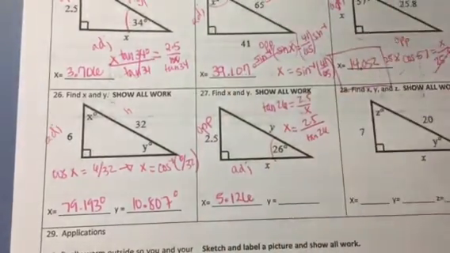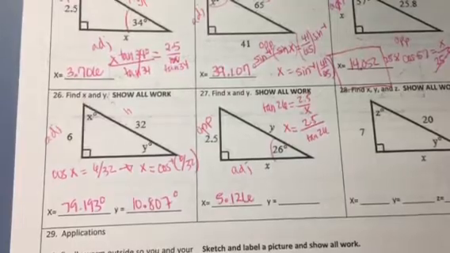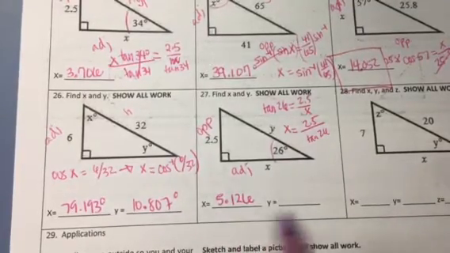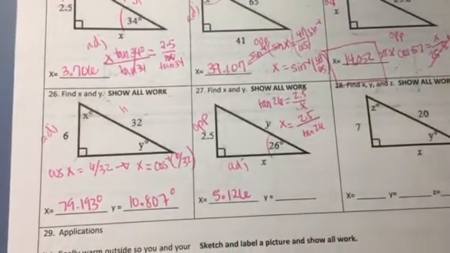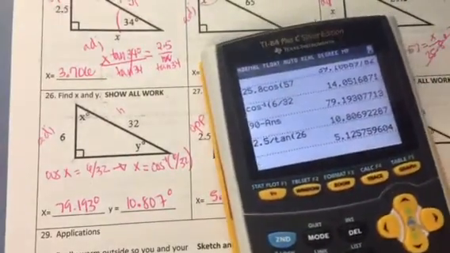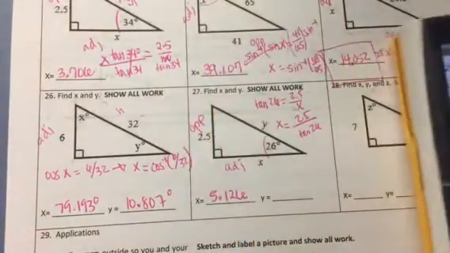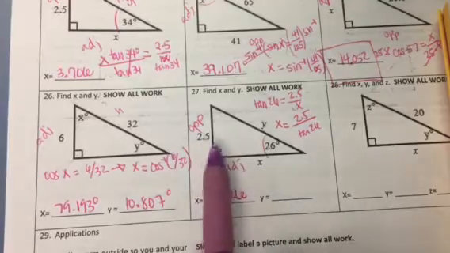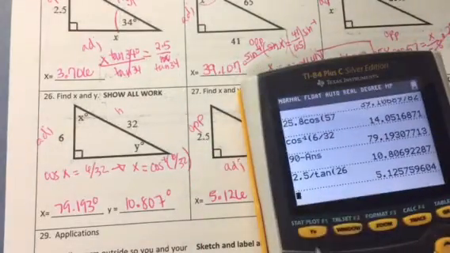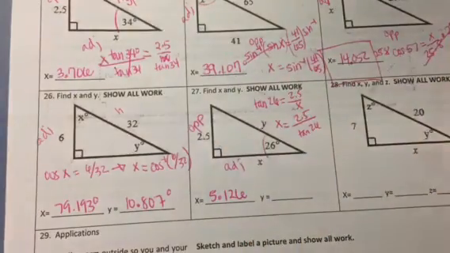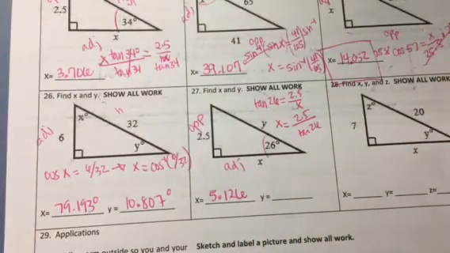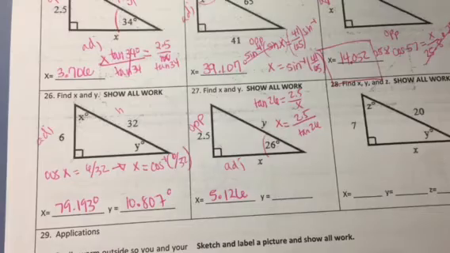Okay, so you could use the Pythagorean theorem to find y. The reason I wouldn't do that is you're now dealing with a rounded answer, whereas in the calculator, it's not rounded. So if you're going to use the Pythagorean theorem, I would seriously do 2.5 squared plus, in parentheses, 2.5 divided by the tangent of 26 squared, take the square root. That's a lot of steps. What's easier to me is to just find y using trig.